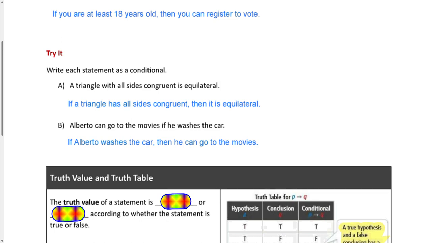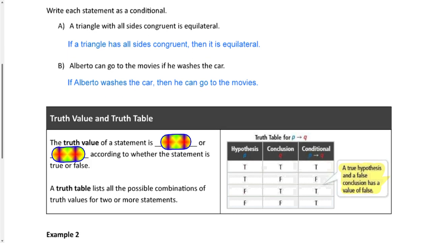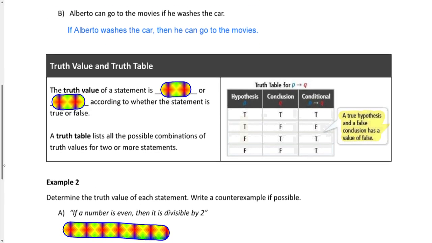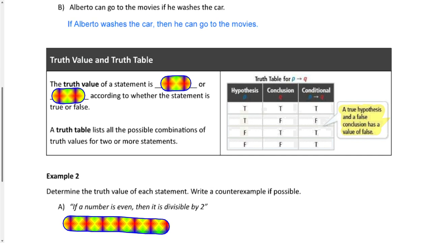So whenever we make these statements and put them into an if-then conditional statement, we want to test the truth value of that statement. That is basically us stating whether it is true or false.